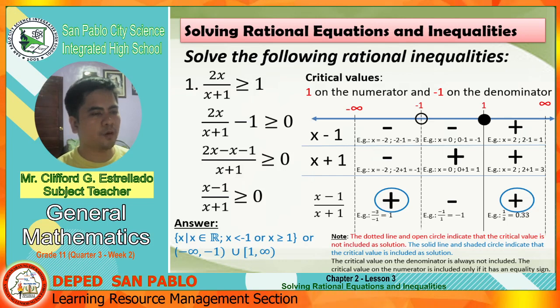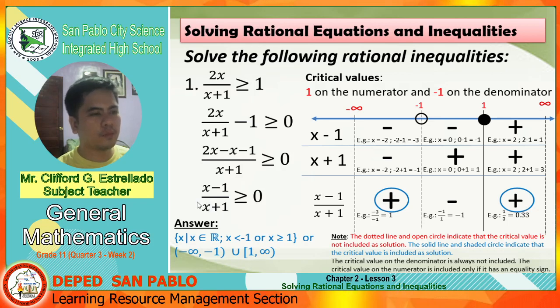Or you can simply, by getting critical values, get the opposite sign of the second term. We have here negative 1, so the opposite of negative 1 is positive 1. If we have positive 1, the opposite sign is negative, so we will have negative 1. What if we have a numerical coefficient? On our first term, for example, we have 5x plus 1 on the denominator.